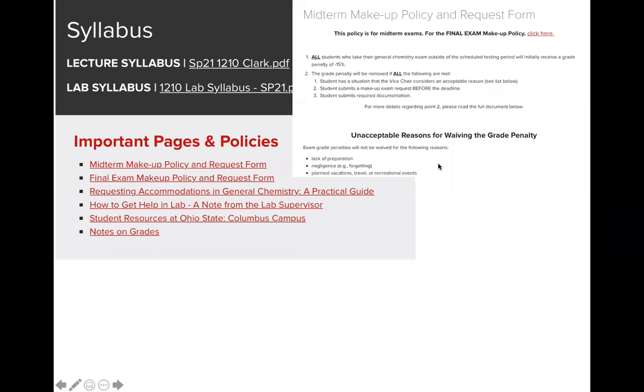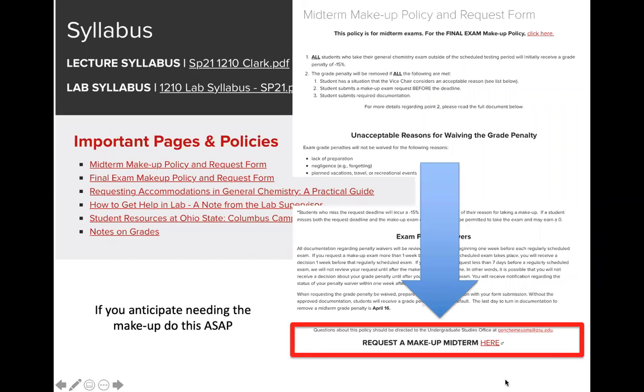And then right at the bottom there is a link for you to request a makeup exam. So if you know that you have a time conflict, maybe it's another class, maybe something else, please look at the makeup policy as soon as possible so you can put in the request so there's no penalty attached to you. Okay, so that's one suggestion for you.